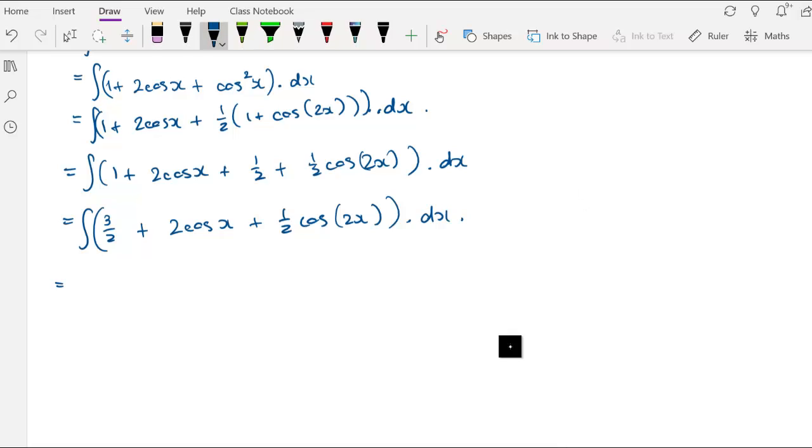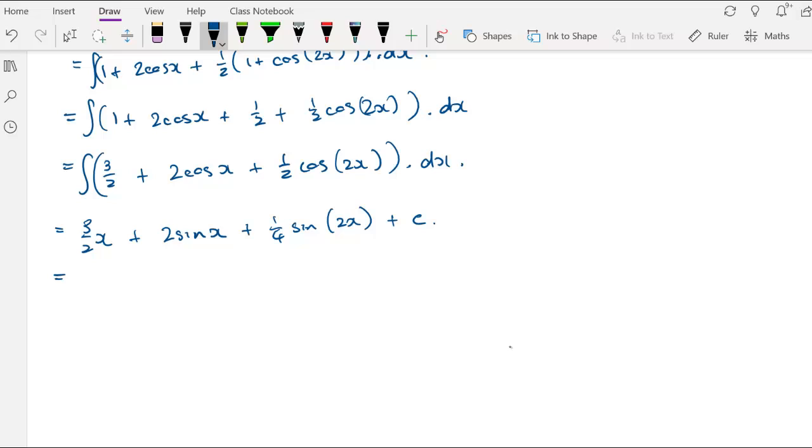So now we can integrate each separately. So we have 3 on 2x. We have 2 sine x, and we have 1 on 4 sine 2x, and don't forget Charlie, so plus c.